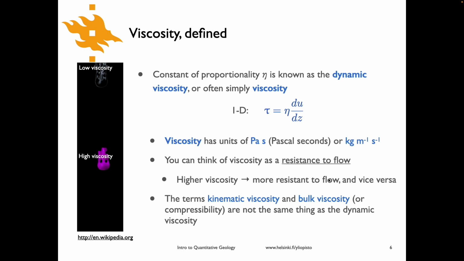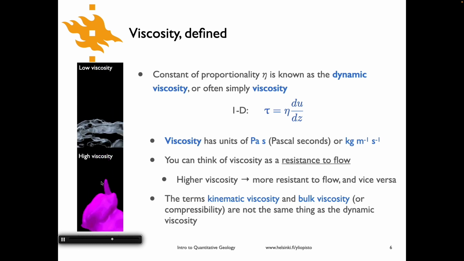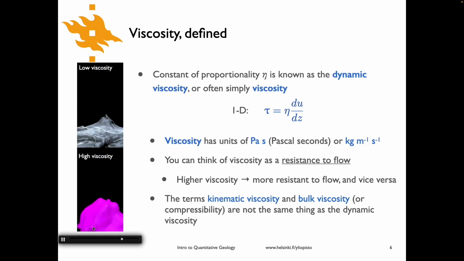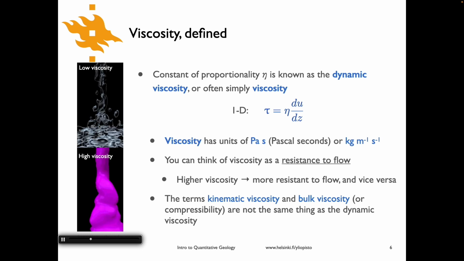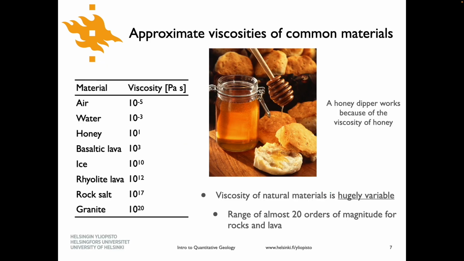So this example of something like water and toothpaste is two different fluids. But you could have the same kind of example where you just change the temperature, and this could be colder in the lower case and hotter in the upper case because of this temperature relationship that we'll see in a little bit more detail coming up.